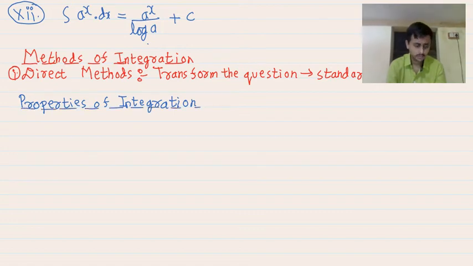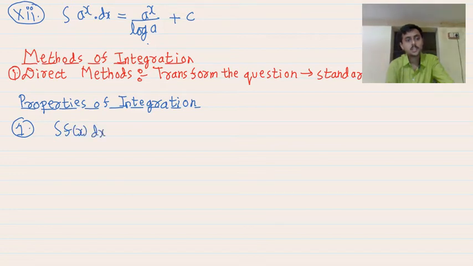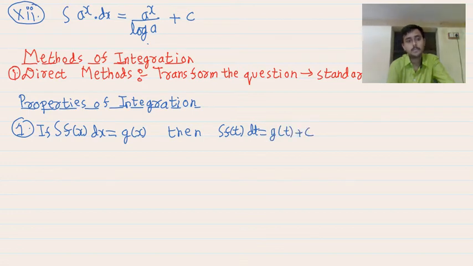So properties of integration. The first property is: if it is given that integration of f(x) dx is equal to g(x), then we can also say that integration of f(t) dt will be g(t) plus c.